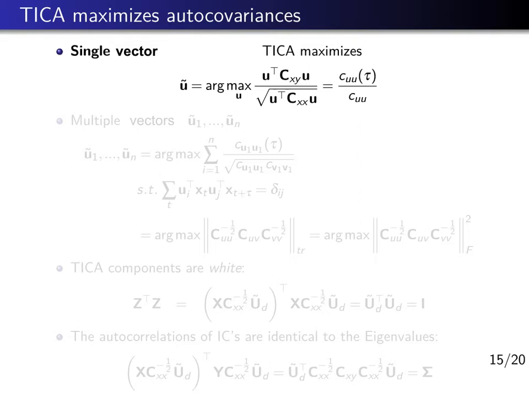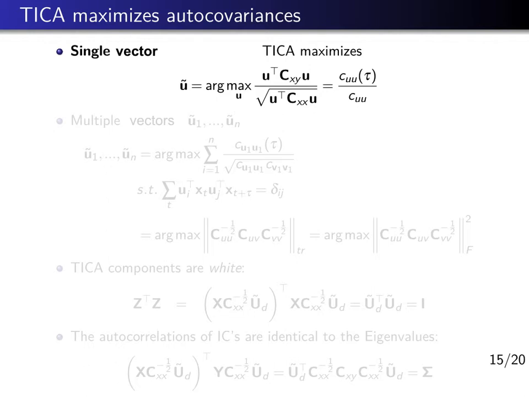And if we compute the autocorrelation function of that one-dimensional time series, then the value of this autocorrelation function at lag time tau will be maximal over all possible vectors u. So in other words, TICA finds the vector such that the projection on this vector gives the slowest result, or the most autocorrelated result at the chosen lag time tau.